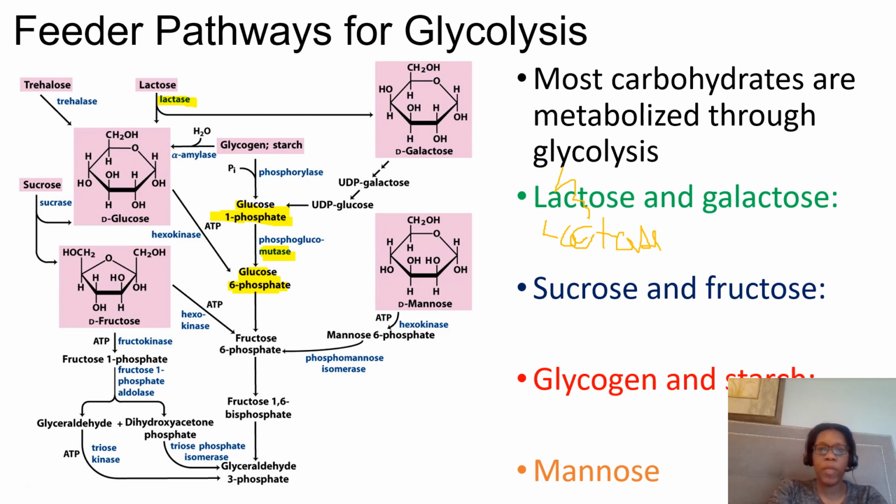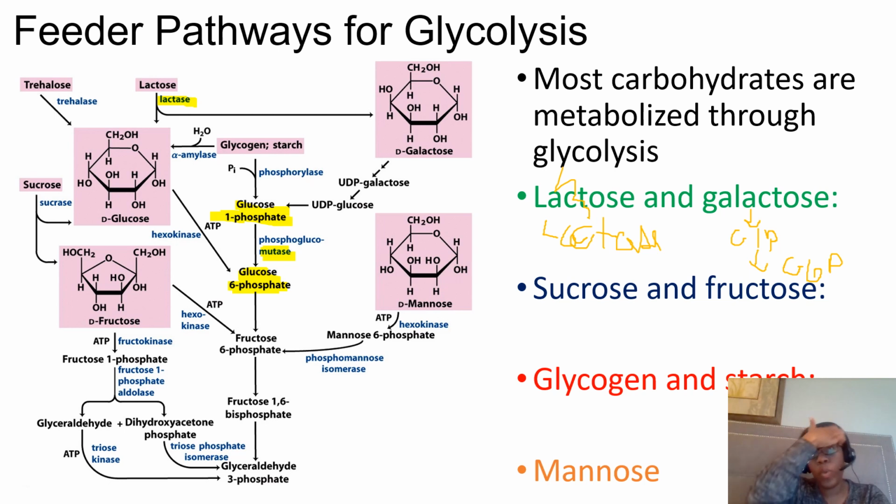And then from galactose, we create G1P and then G6P. And G6P is in the glycolysis pathway.